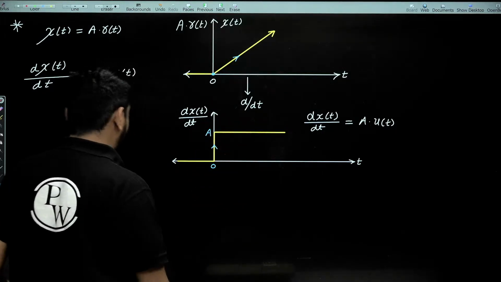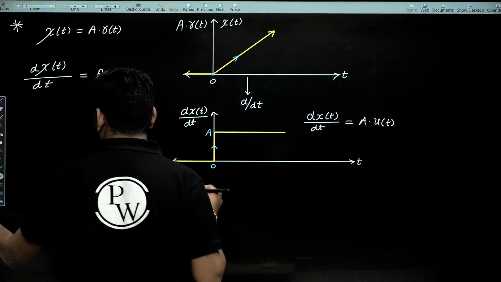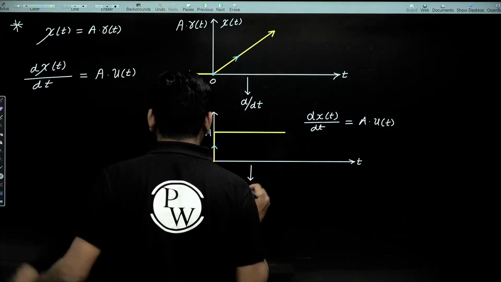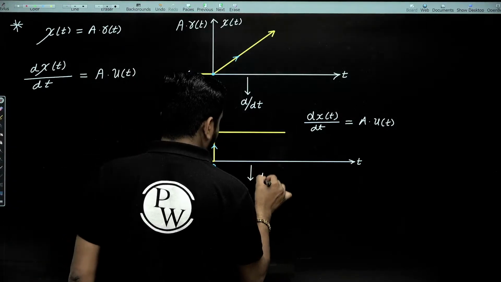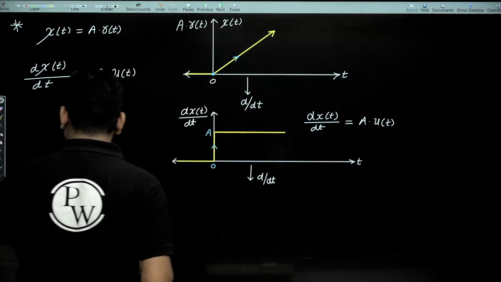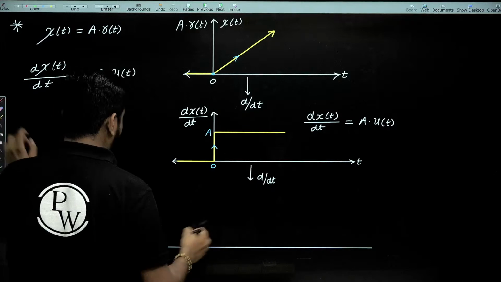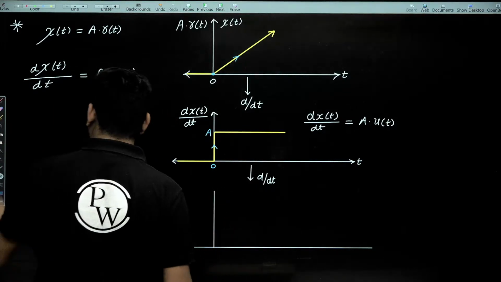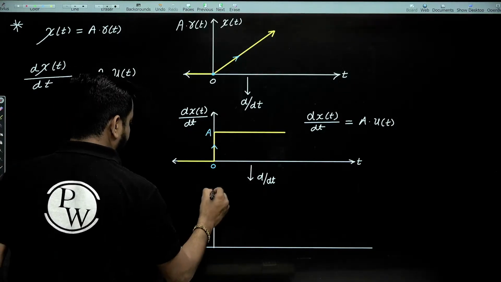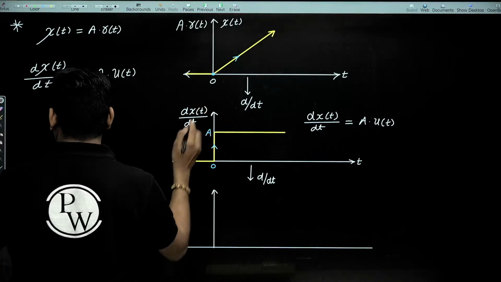And again, with further differentiation, it will be an impulse function at t equal to 0, with positive area, because the step is increasing from left to right.